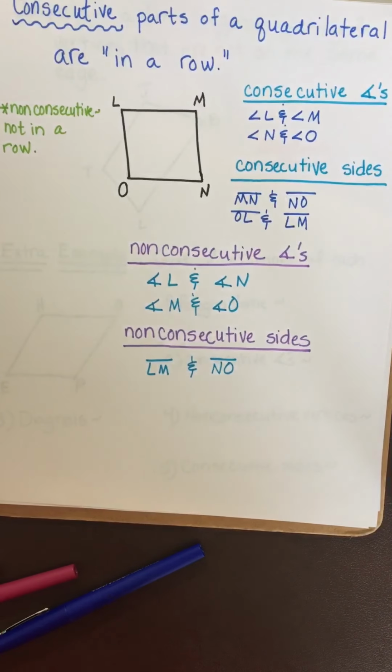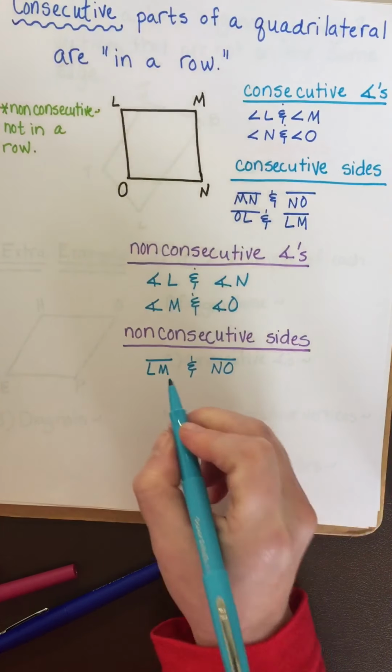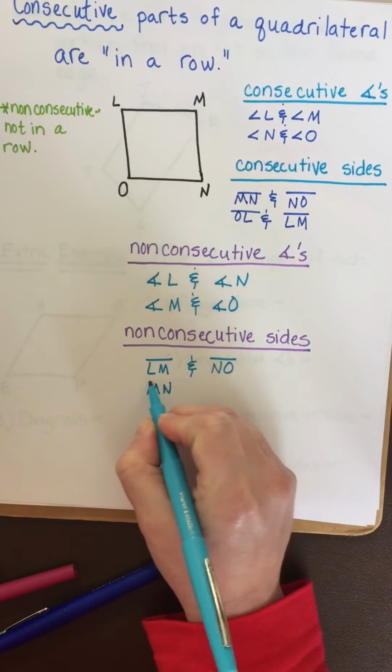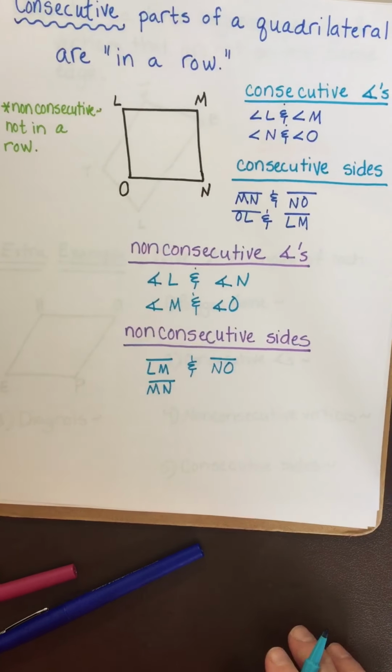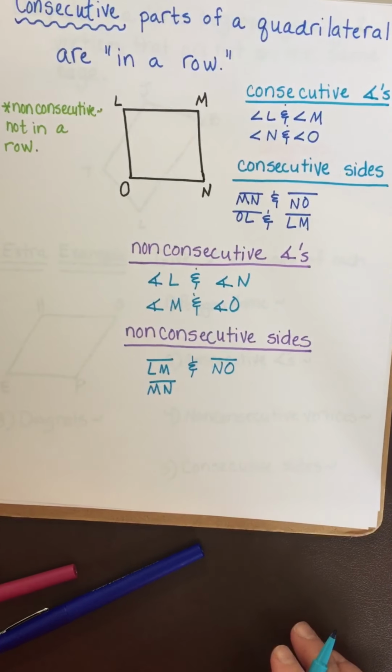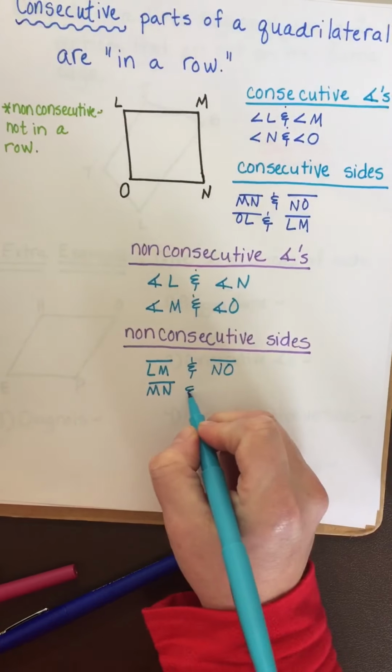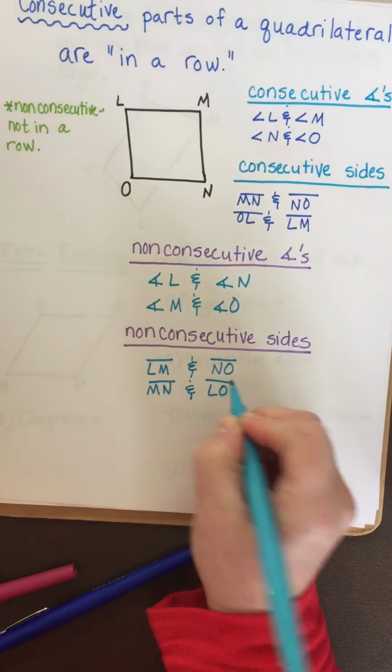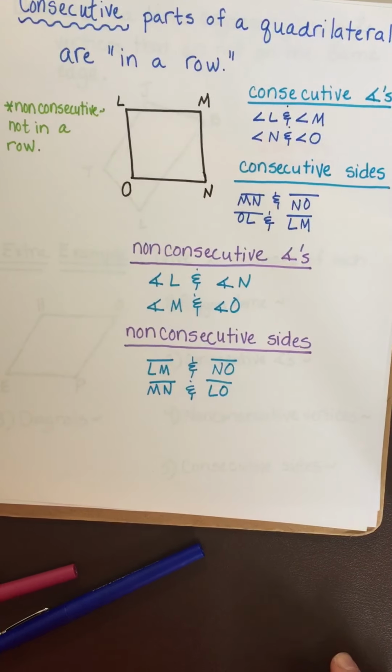All right, how about MN? What is the only non-consecutive side to MN? LO or OL. Okay? So consecutive: in a row, side by side, sequential. Non-consecutive: they're not in a row, they're not side by side.